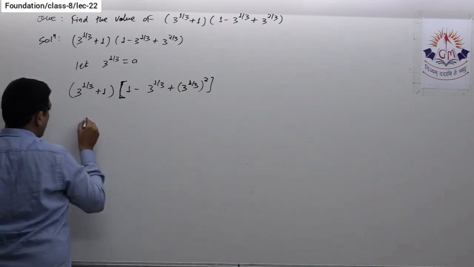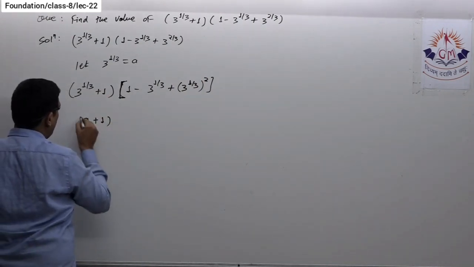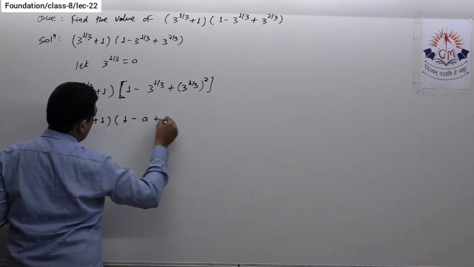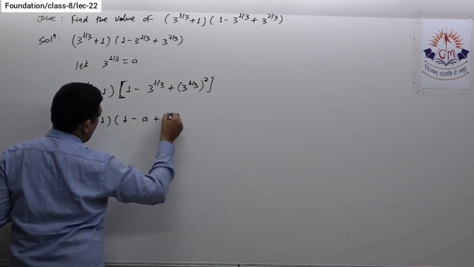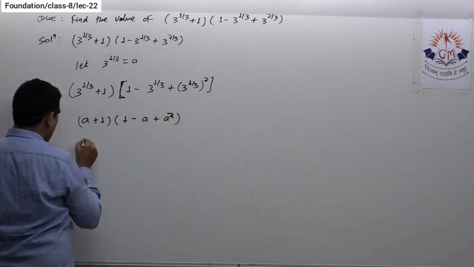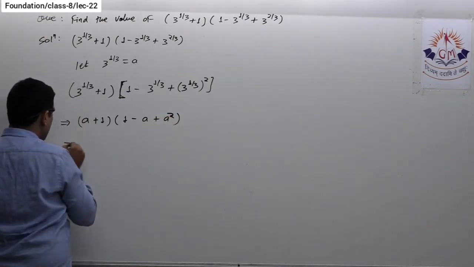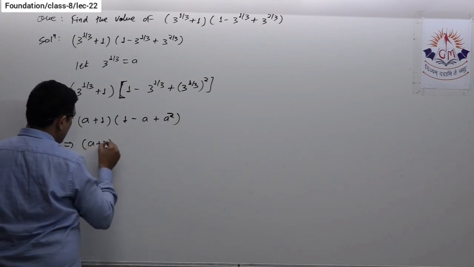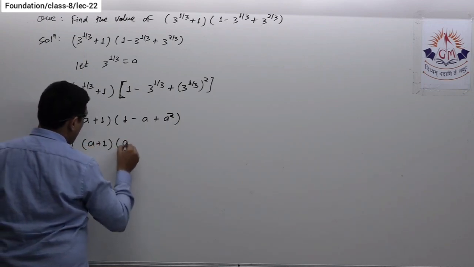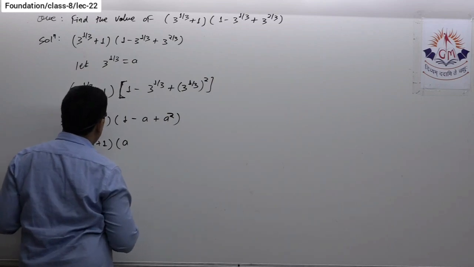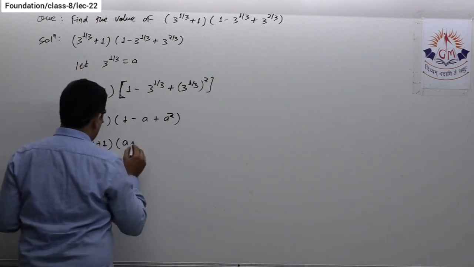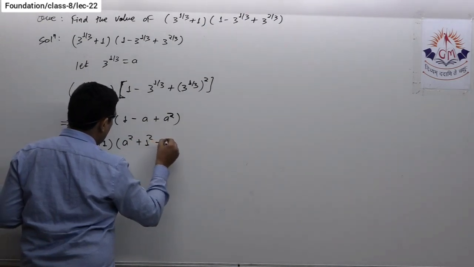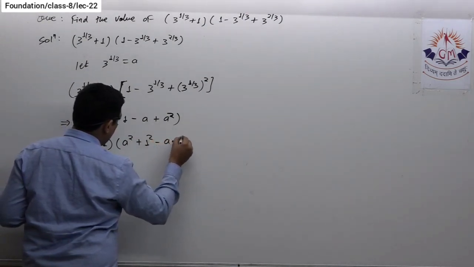Now if I put this as a, this is a plus 1, and over here 1 minus a plus a square. That means I can write a plus 1, then a square plus 1 square minus a into 1.